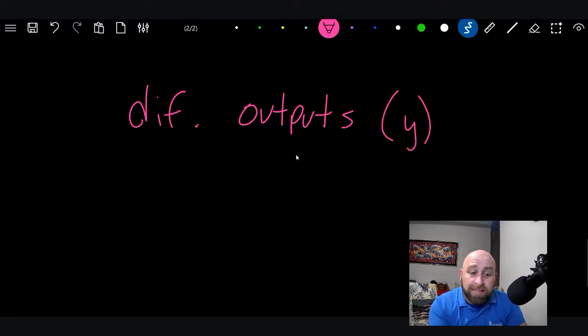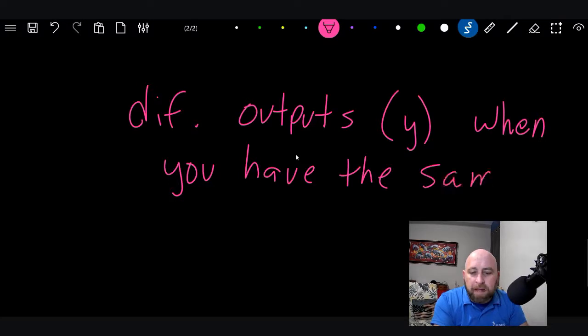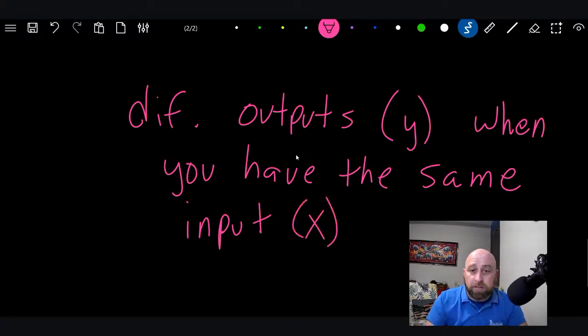So if you get different y's, different values for y's, when you have the same input. And what is the input? Okay, the input is your x.